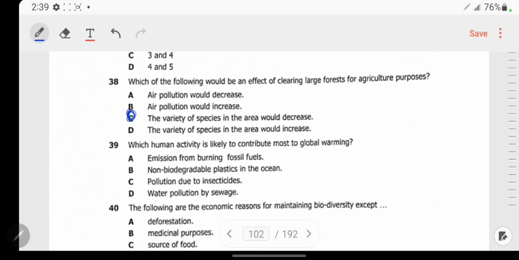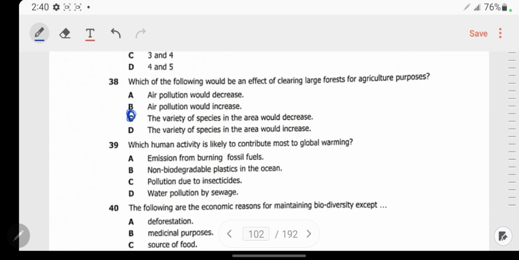39. Which human activity is likely to contribute to most of the global warming? Global warming, we are looking at temperature. It has to do with something that contributes to a general increase in the temperature. So let's look at emission from burning fossil fuels.